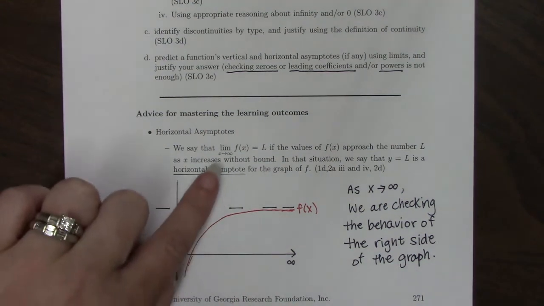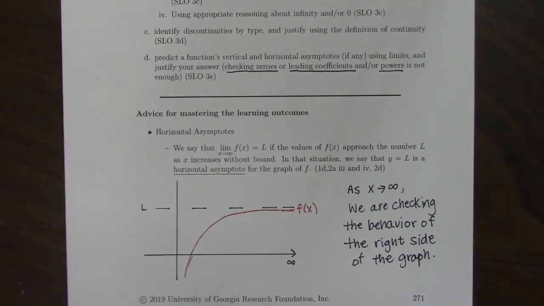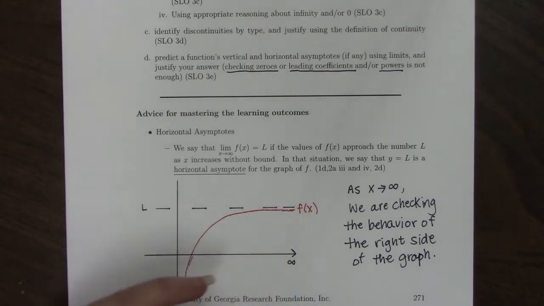So notice here that it says as x goes to positive infinity. This horizontal asymptote is only the behavior of the right edge of the graph. If I want to know what's happening on the left side of the graph, I would have to check the left edge of the domain or look at how the graph behaves as you go out to x equals negative infinity.